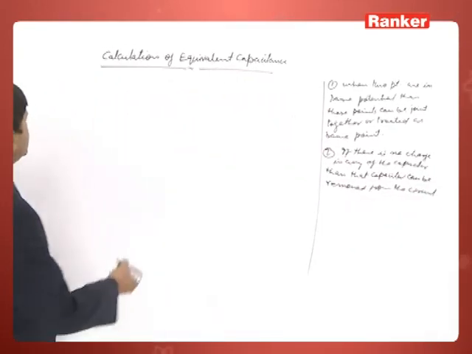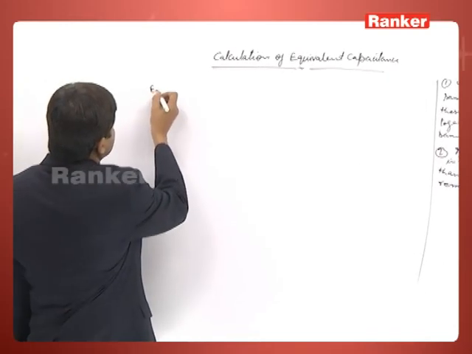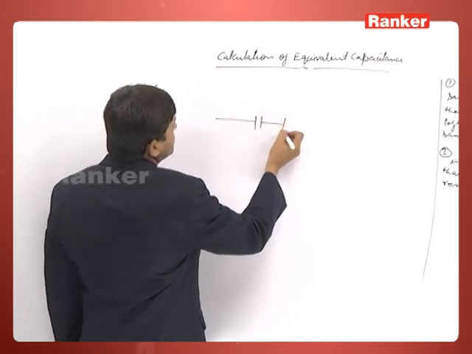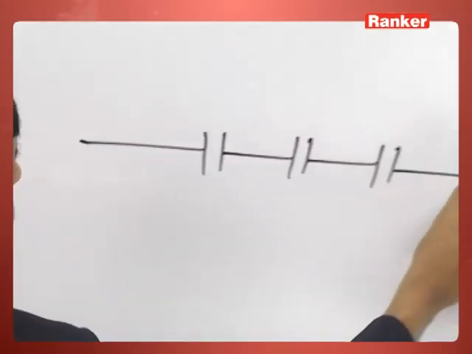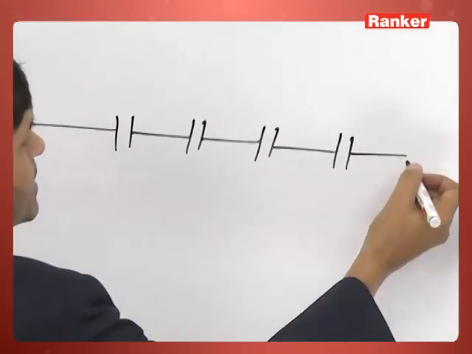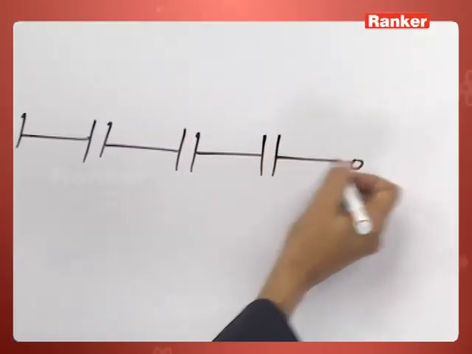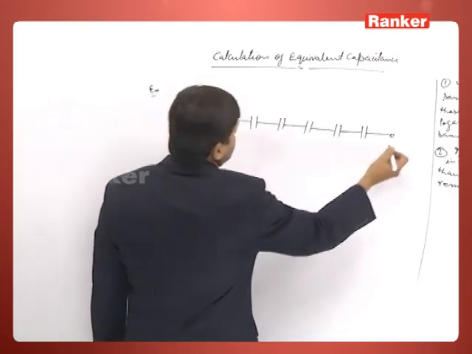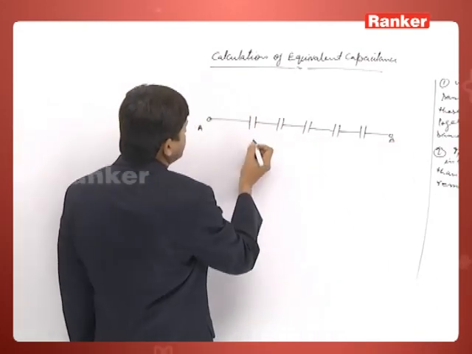See, first example. Let we are having some different capacitors. A and B points are there.